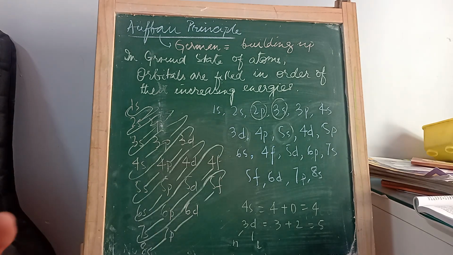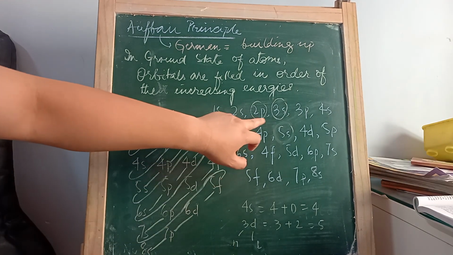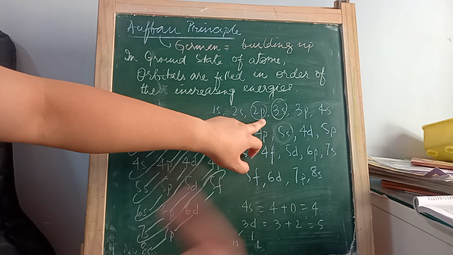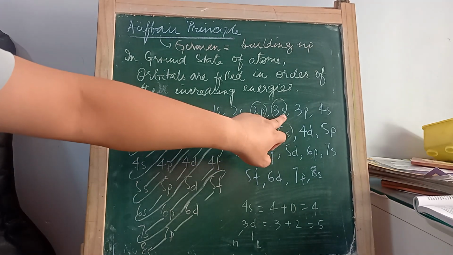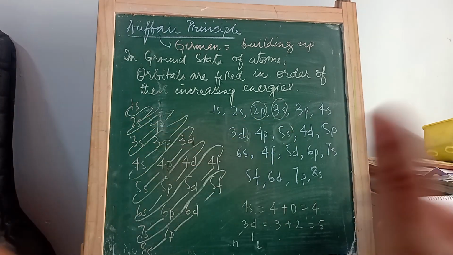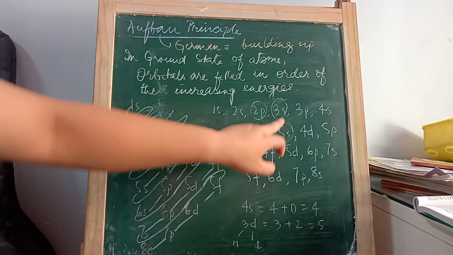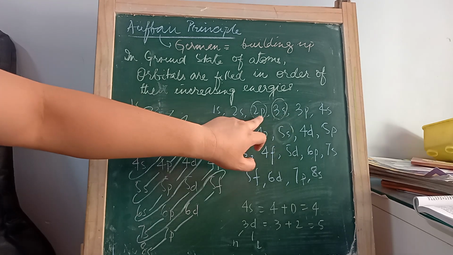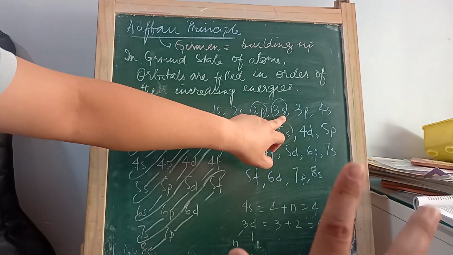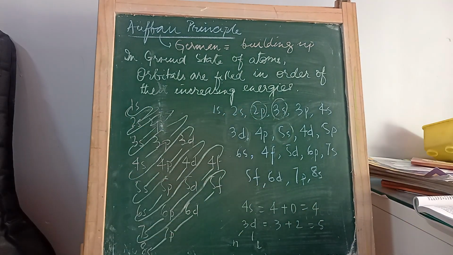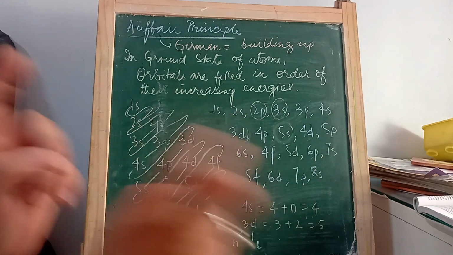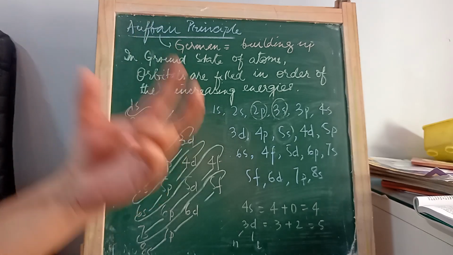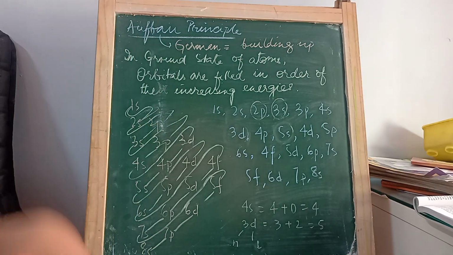Now there is one more rule. For example, for 2p, n is 2 and l is 1, so 2 plus 1 is 3. For 3s, n is 3 and l is 0, so n plus l is also 3. When the sum of n and l is the same, the orbital having the lesser value of principal quantum number n will be filled first.